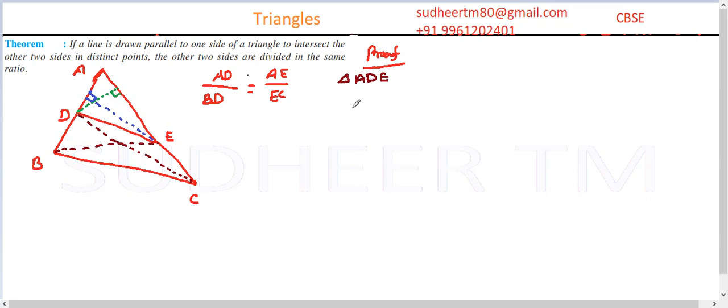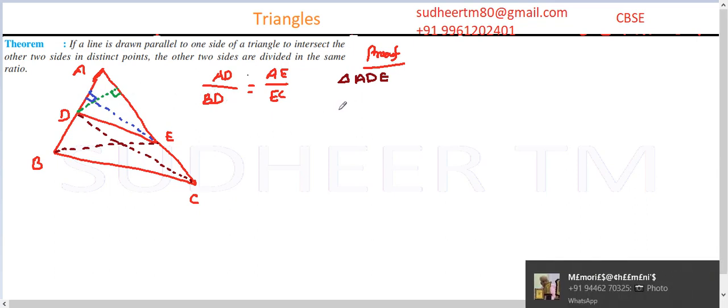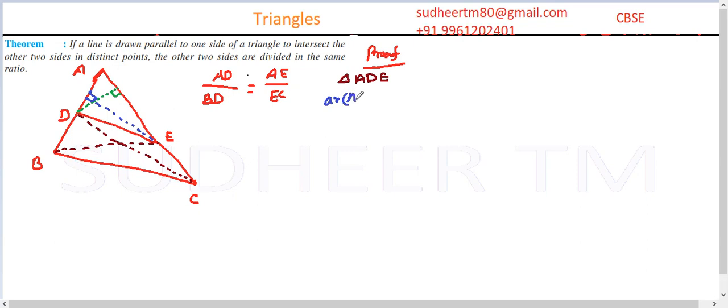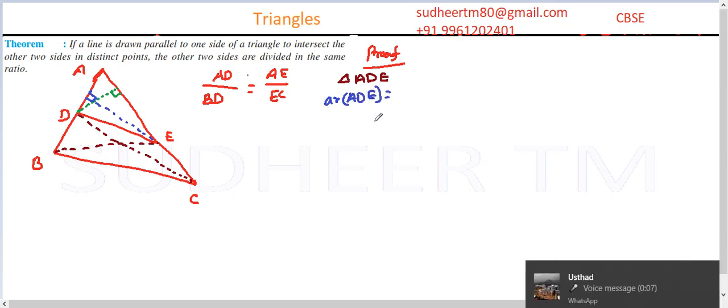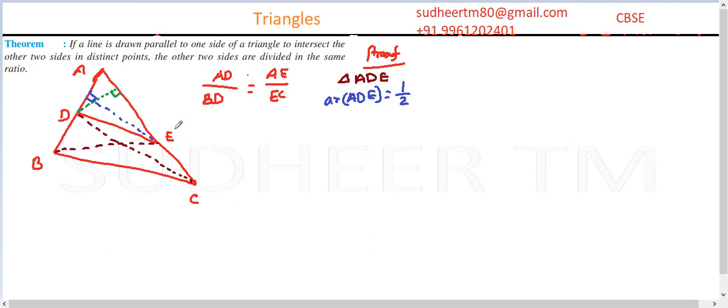So what we can write here: area of ADE is equal to, what is the area formula? Half into base into height. Half into base. For the time being, let's take the left side as the base, AD, into the height.